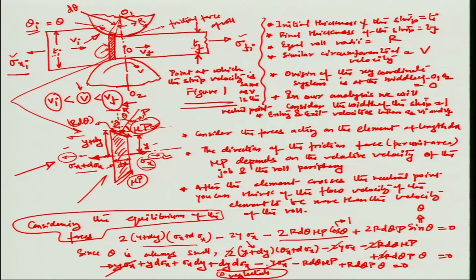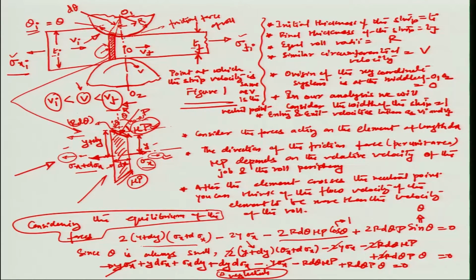Until the element reaches the neutral point, where the velocity of the material is equal to the roll velocity, you assume the friction to be assisting the rolling process. Beyond that, the roll velocity falls behind, and the deformational velocity plus the infeed velocity Vf is more than the roll velocity.